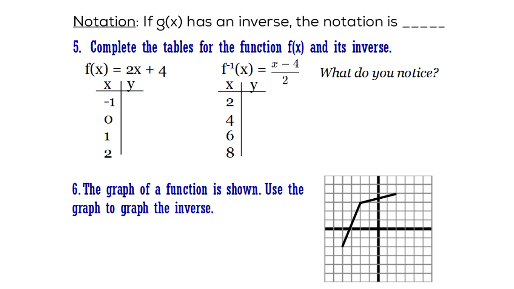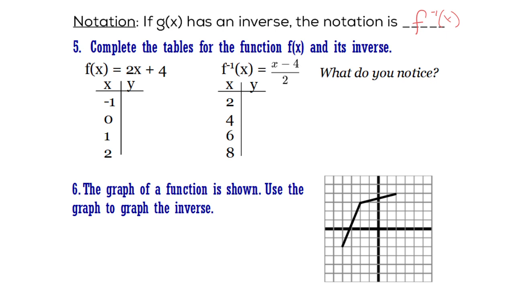Now, if you have a function and its inverse is also a function, your notation for that is going to look like this. It's an f with a little -1 here of x. So if the inverse is a function, you can use that notation to show that.